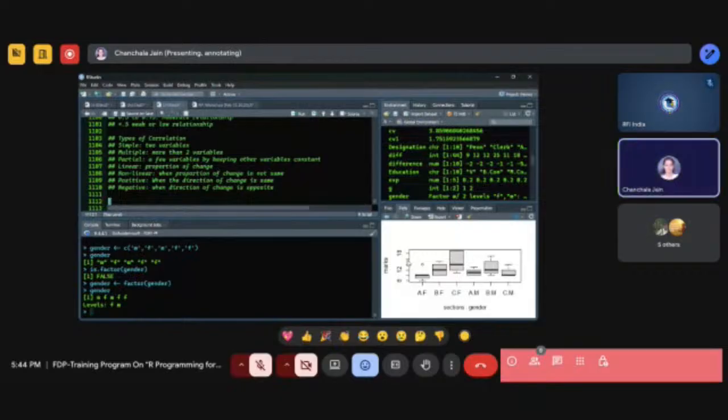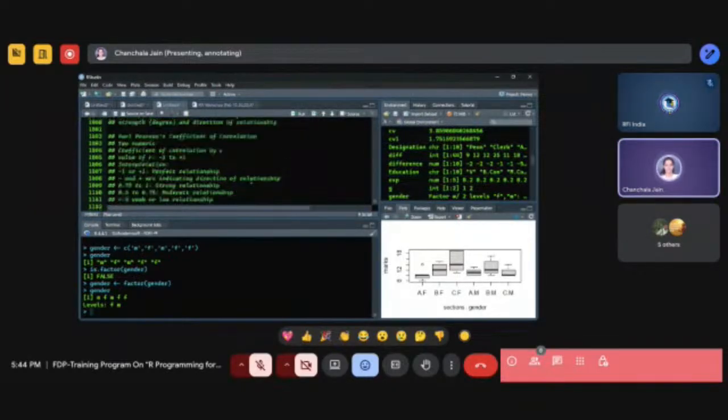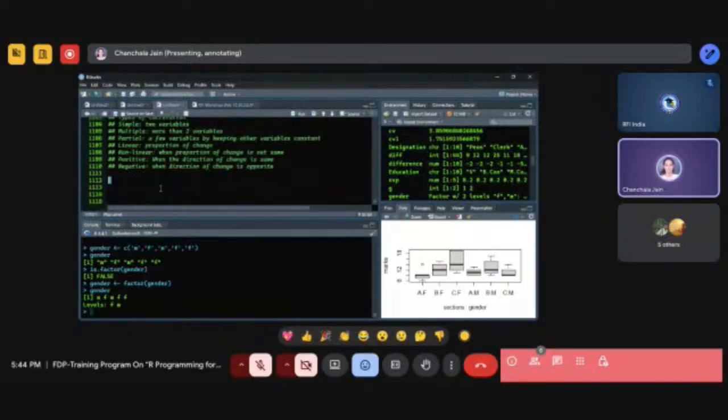Fine. So I think types are clear, meaning is clear, how we can measure is clear. Talking about the assumptions. When we say assumptions of correlation, generally 30 pairs of observations are required to perform correlation.